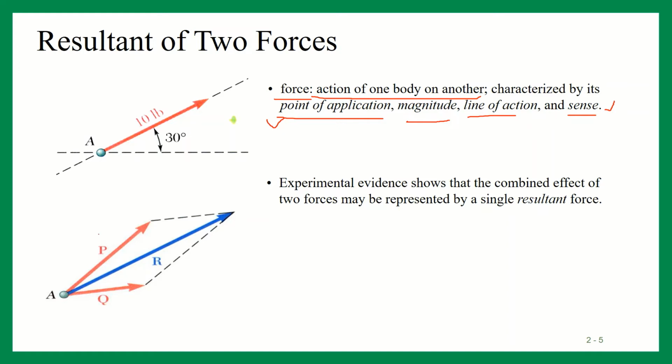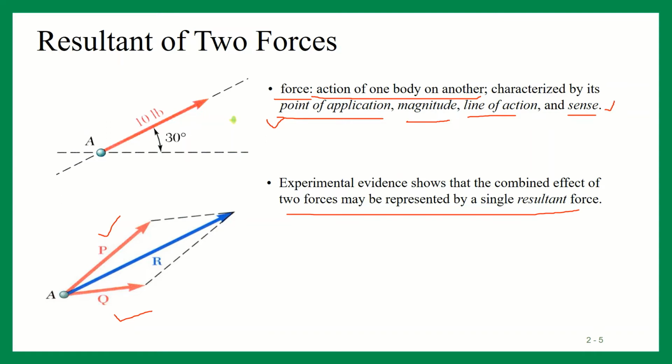Now suppose we have 2 forces, P and Q. This is the force P, this is the force Q. Experimental evidence shows that the combined effect of 2 forces may be represented by a single resultant force.